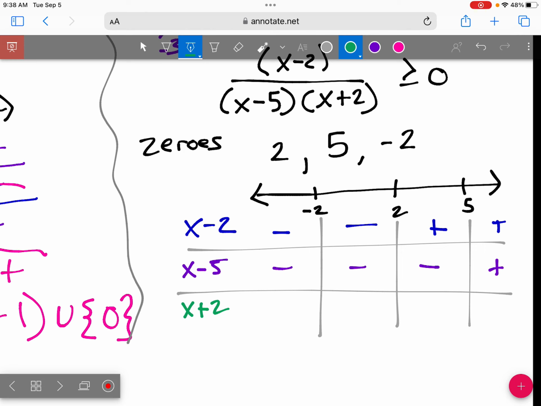So for x plus 2, if it's smaller than -2, negative. Between -2 and 2, positive. Between 2 and 5, positive. Bigger than 5, positive. Do we have any of our terms that are counted more than once in our function? No. So we can just look at our product.